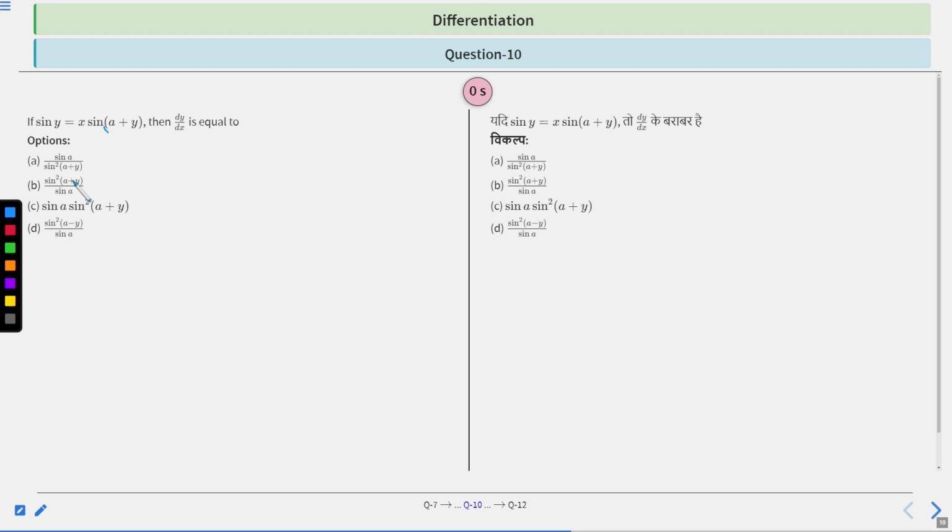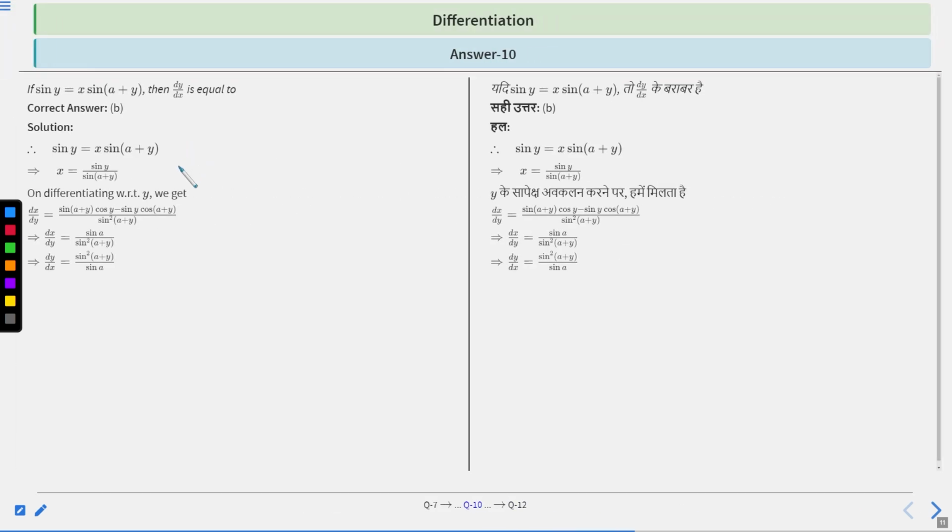Okay, let's move to the solution part. See, as we have discussed, sin y is equal to x sin a plus y. This implies x can be written as sin y upon sin a plus y.